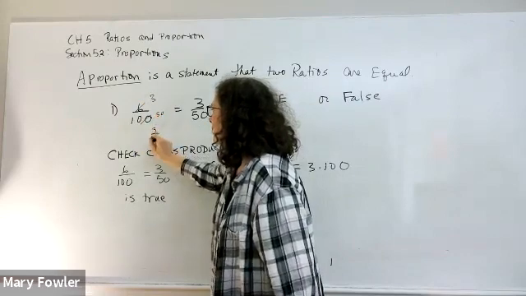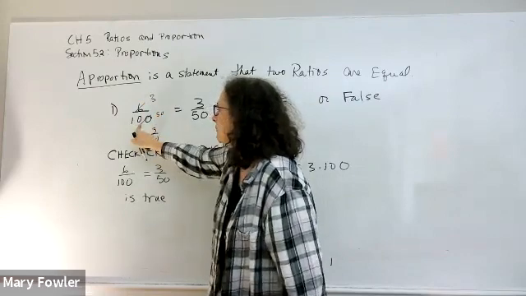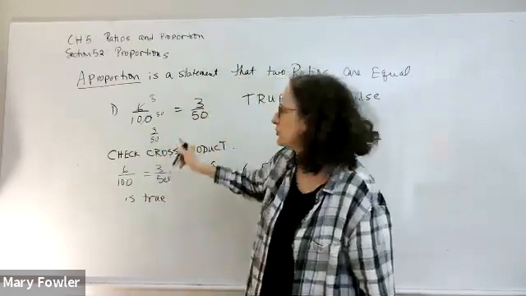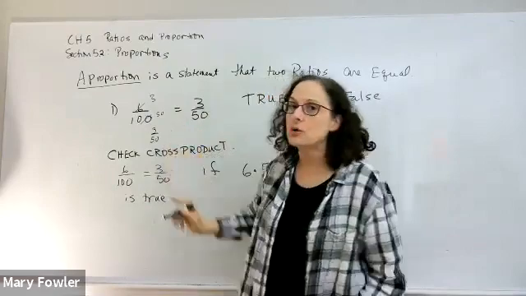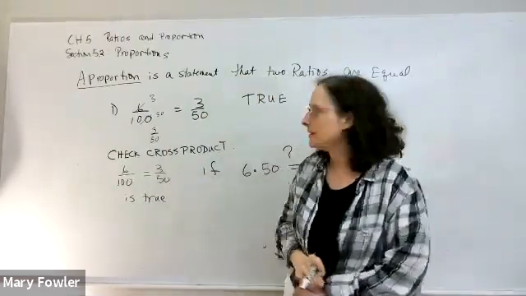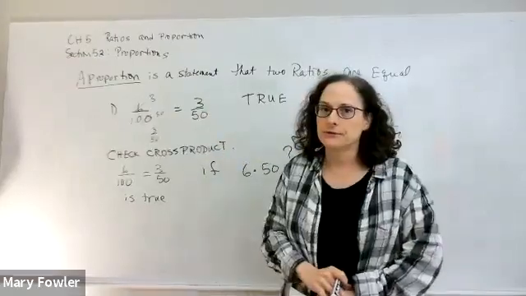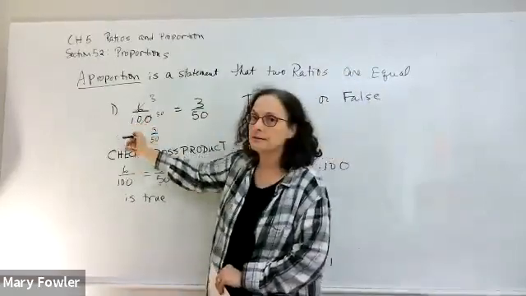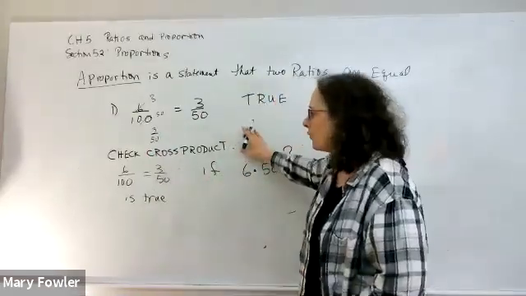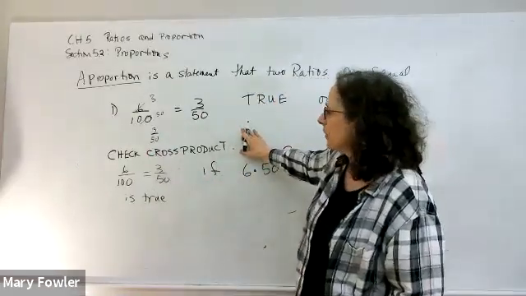So the 6 over 100 simplifies to 3 over 50, and 3 over 50 is in simplest terms and is equal. So we know that this is a true statement. We know that 6 over 100 is equal to 3 over 50 because when we simplified it, it was equal to it.